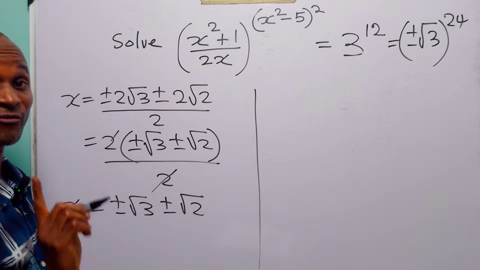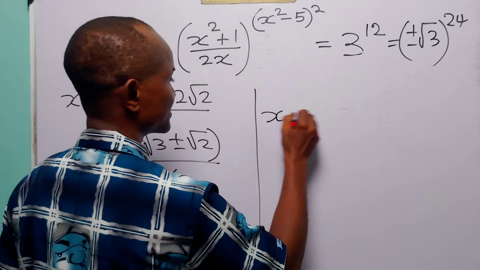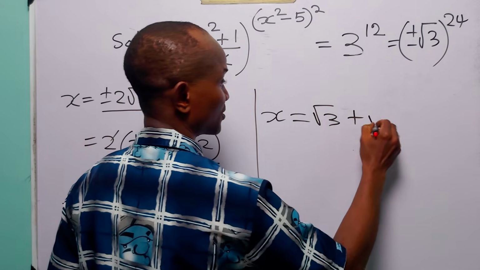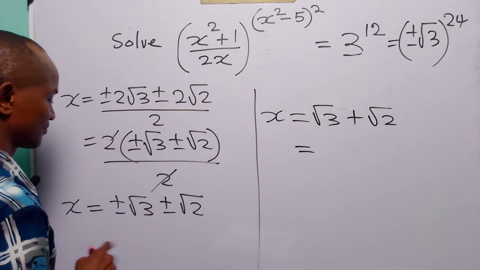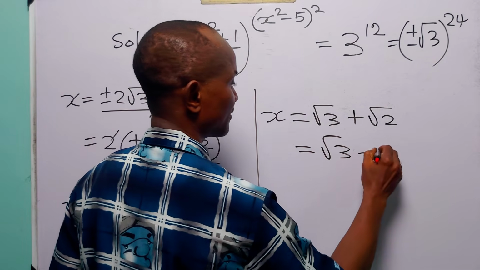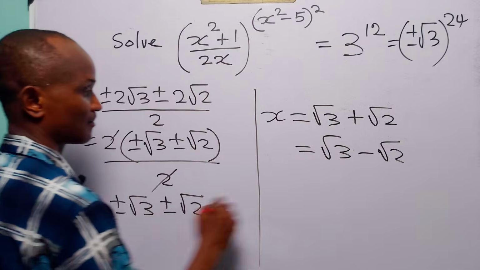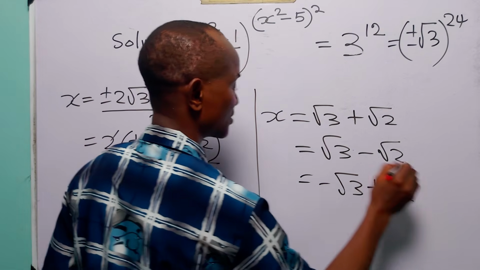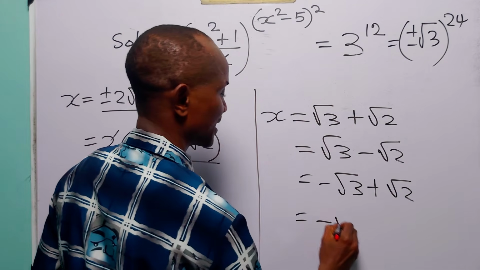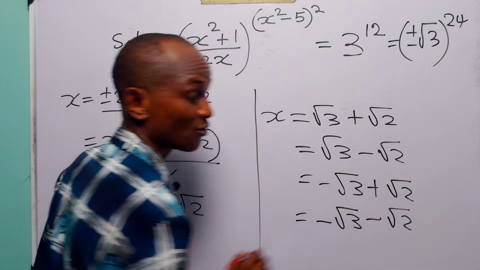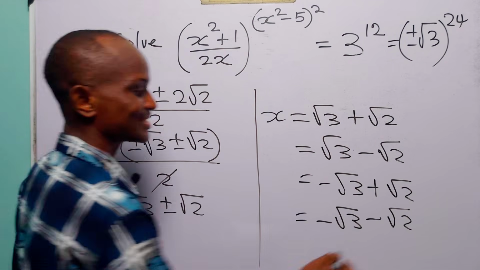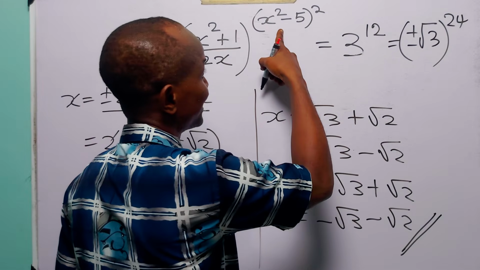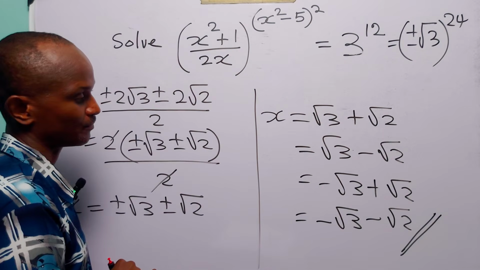Now from here, once more, we have 4 values of x. We have that x is equal to root 3 plus root 2, root 3 minus root 2, minus root 3 plus root 2, and finally, minus root 3 minus root 2, which are exactly the same 4 values that we got for x by equating the exponent to 24.